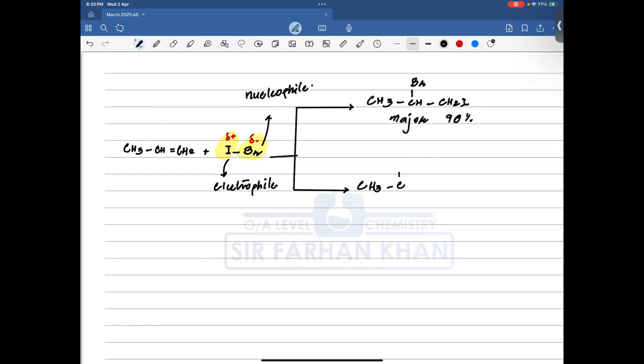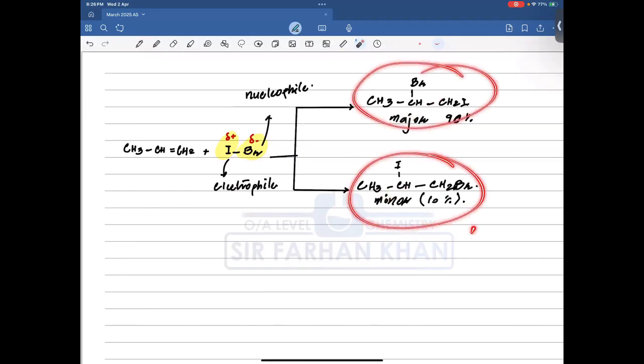And in that, iodine has to be here and bromine has to be here. So this is going to be your minor product. It could be 10% or 5%. All right. So both of them are isomers of each other. All right. Because both of them have the same molecular formula but different structural formula.